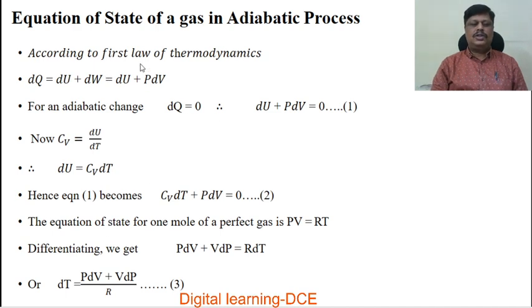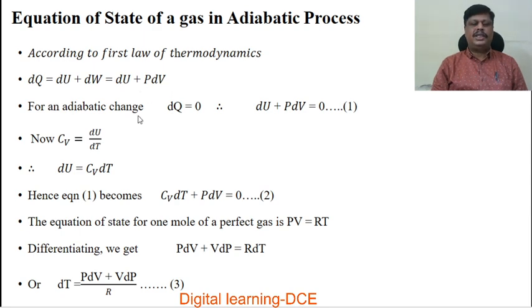And also you know that according to the first law of thermodynamics, dQ is equal to dU plus dW, that is, the amount of heat supplied to the system is equal to the change in internal energy plus the work done by the system or on the system. And also you know that dW is equal to P dV from the previous expression. So dQ is equal to dU plus P dV.